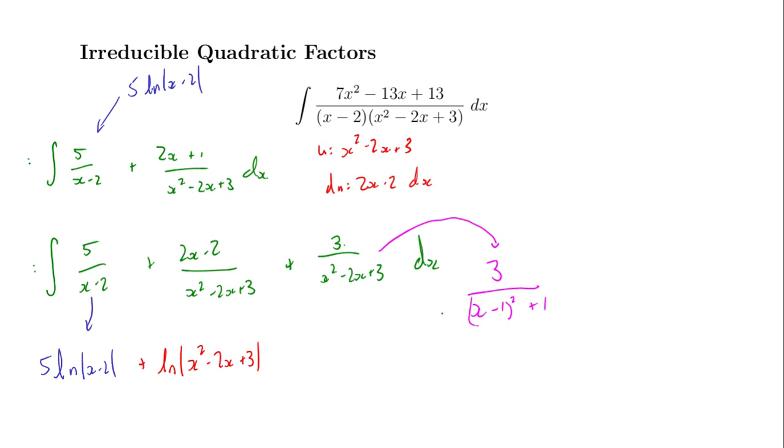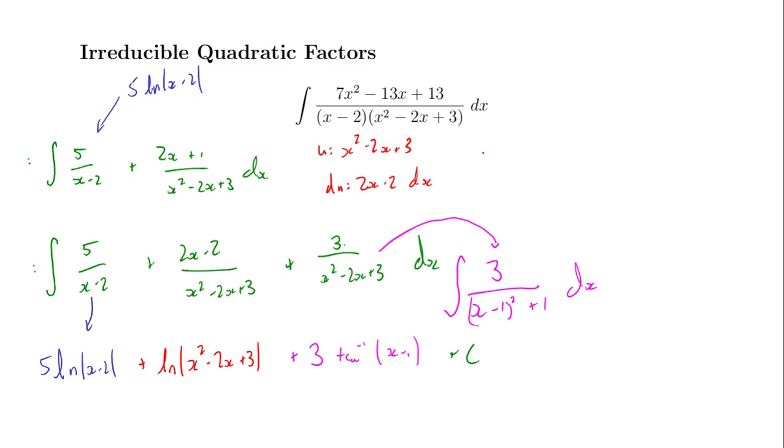And once it's written like this, remember, we're looking to find the antiderivative of that. That's going to be a nice old arctan. We've got a coefficient of 3 on this, and we're going to have the inverse tangent of x minus 1 plus c.